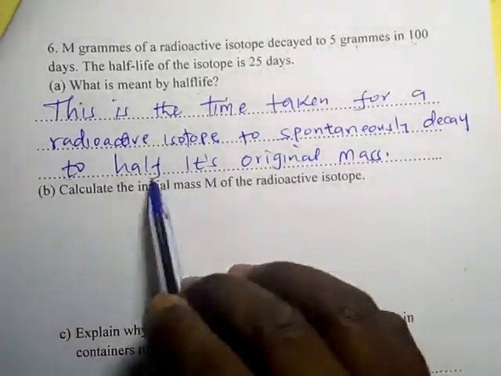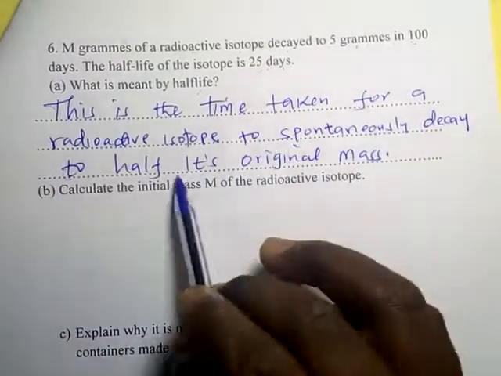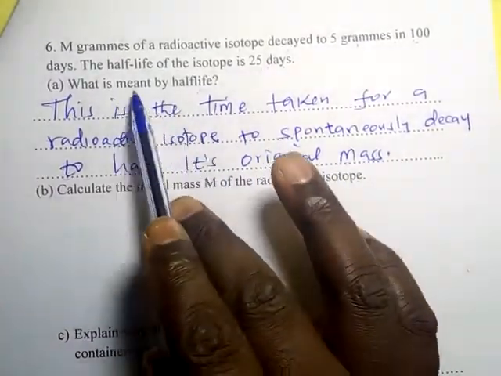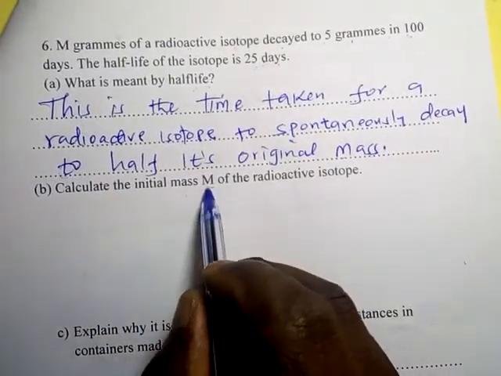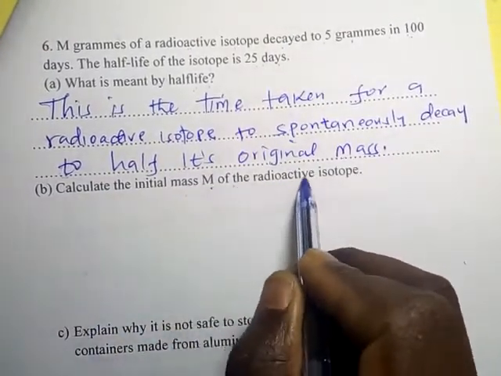The time taken for a radioactive isotope to spontaneously decay to half its original mass is what is called a half-life. So calculate the initial mass M of the radioisotope above.